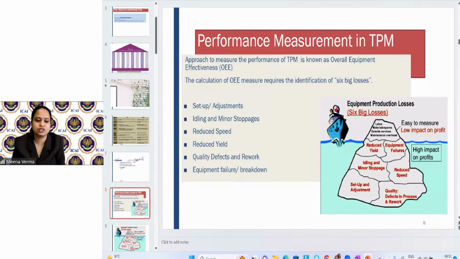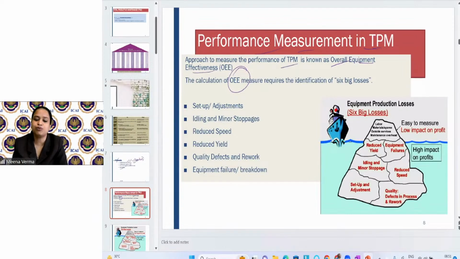The points are performance measurement in total productive maintenance, how we can measure the performance in total productive maintenance. So what is written here? The calculation of OEE. We will calculate overall equipment effectiveness here.